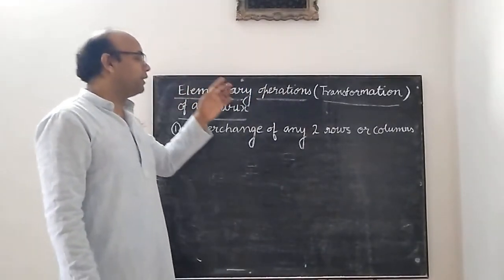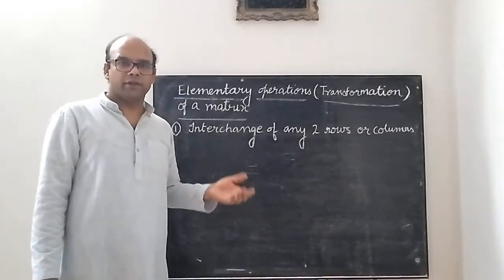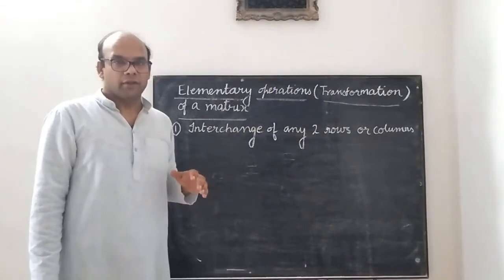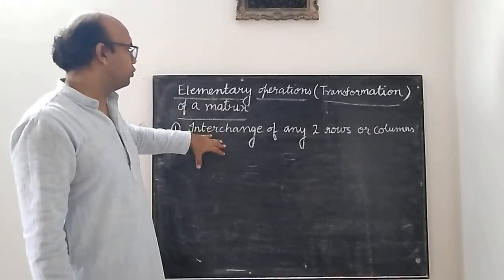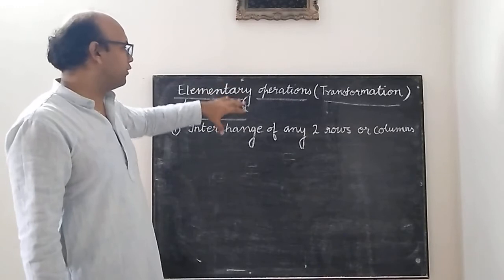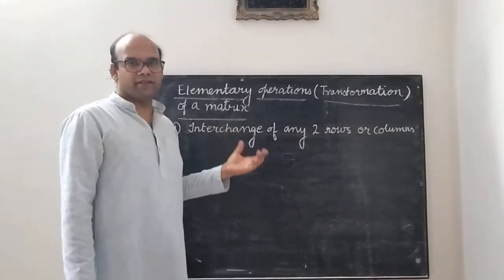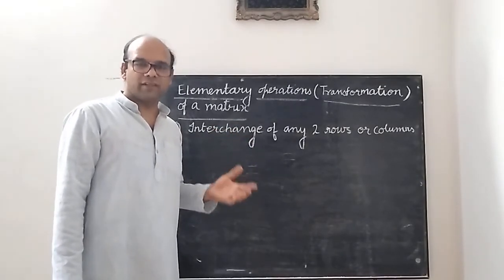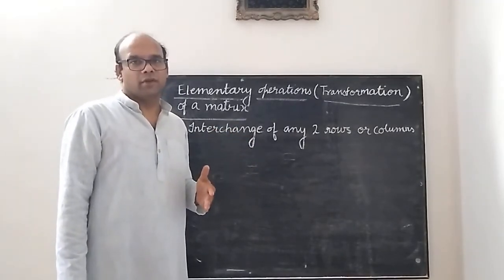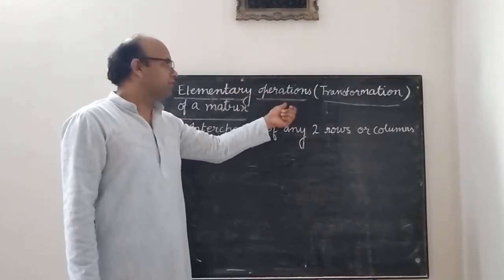Now basically elementary operations are done on a matrix to obtain a new matrix. Whenever we do an operation on a matrix, it is important that we understand the basics. What will operations do to a matrix? Obviously, it will change the matrix. Where do we use the elementary operations?